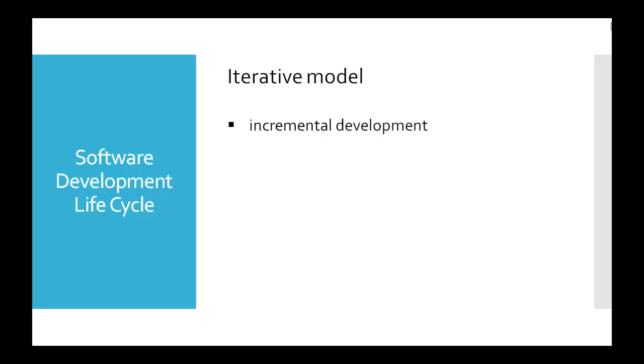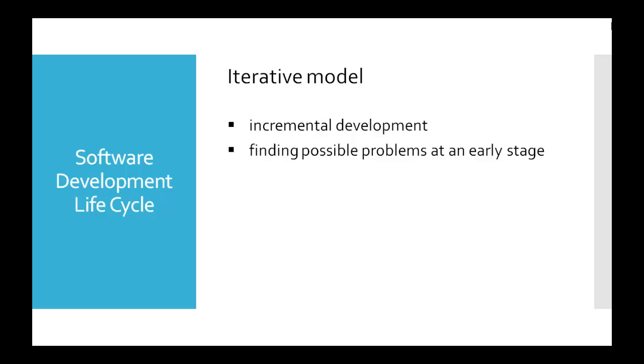Instead, development begins by specifying and implementing just part of the software, which is then reviewed in order to identify further requirements. This process is then repeated, producing a new version of the software at the end of each iteration of the model. The main advantage of this model is that there is a working model of the system at a very early stage of development, which makes it easier to find functional or design flaws.